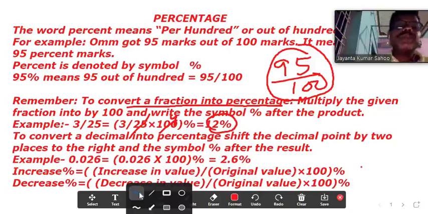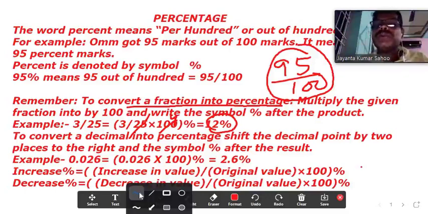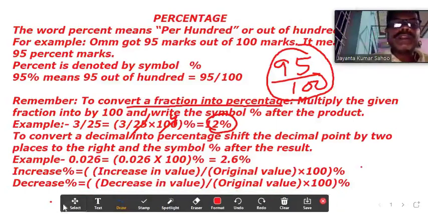Now the same way, if a decimal is given, how can we convert the decimal into a percentage? To convert a decimal into a percentage, shift the decimal point by 2 places to the right and put the percentage symbol after the result. Look at the example I have taken, 0.026.